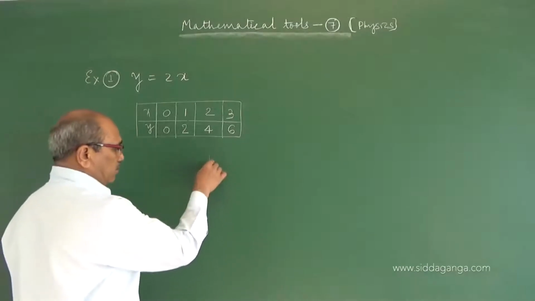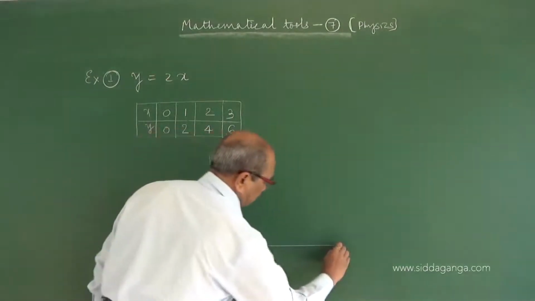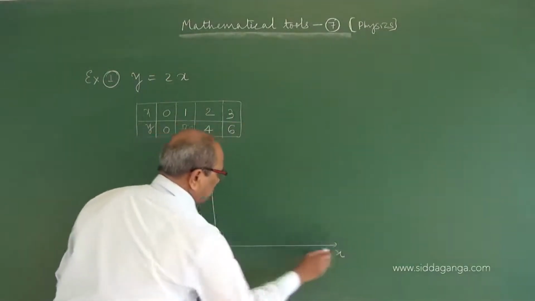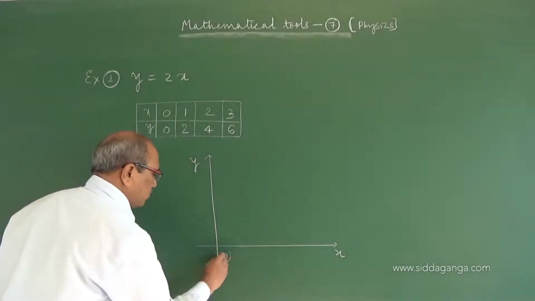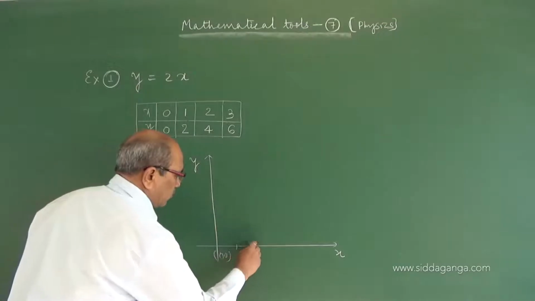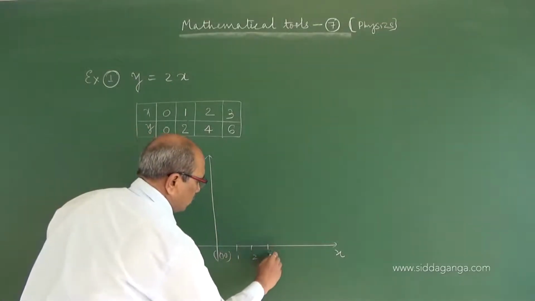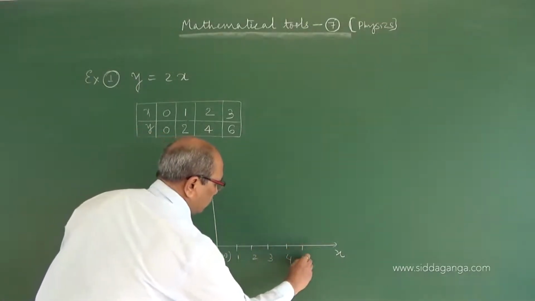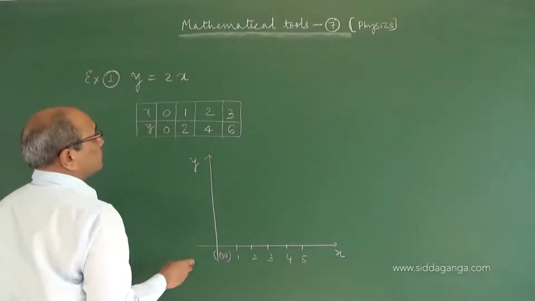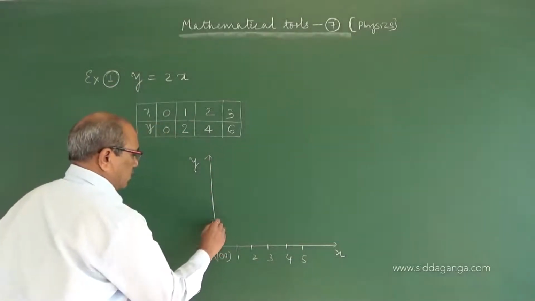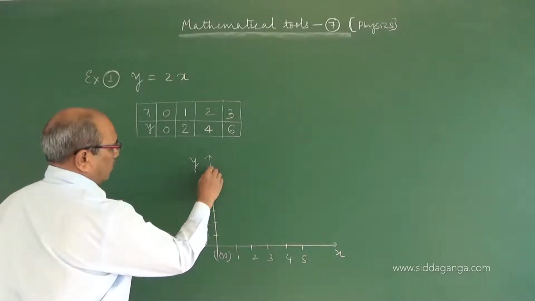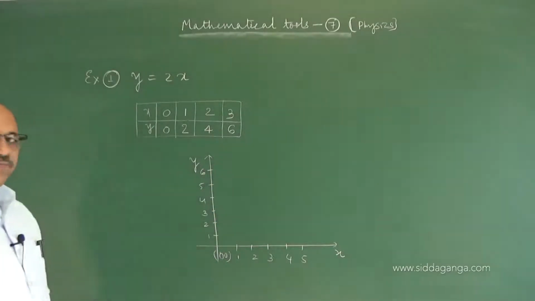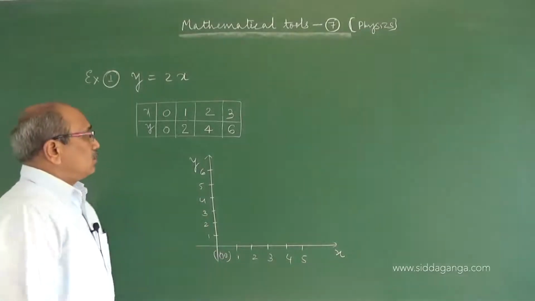So if I draw the curve for this, taking x and y axes with 0 as the origin, let us mark magnitudes 1, 2, 3, 4, 5, and let me also mark 6.